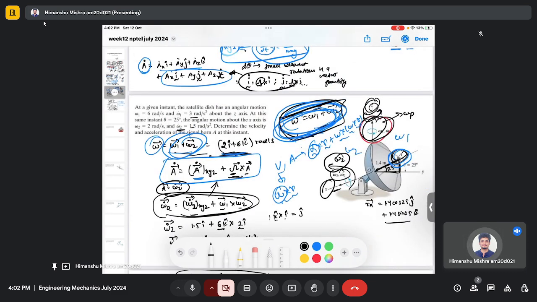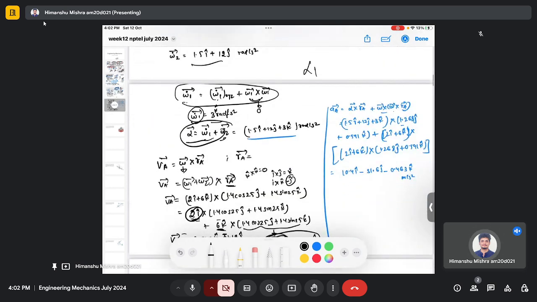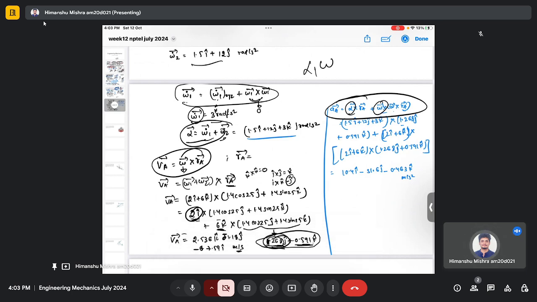So this is when you take the time derivative of this expression, right? So once you get alpha and omega, you can easily find the translation velocity and translation acceleration, because you need angular acceleration and angular velocity to calculate these quantities.